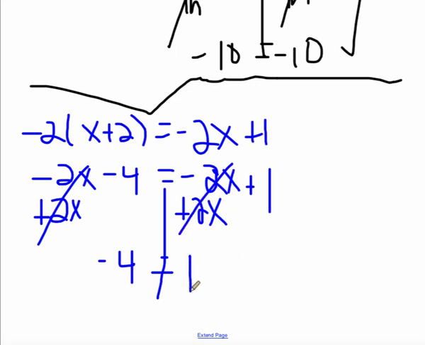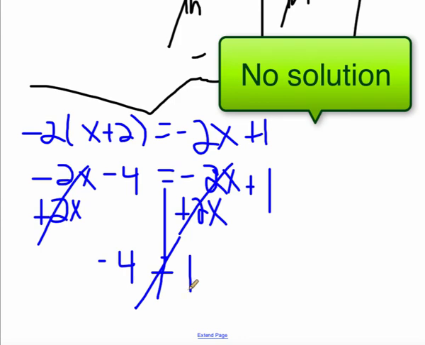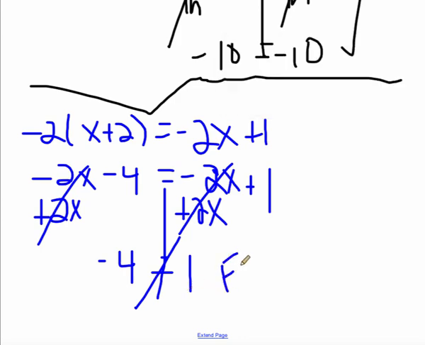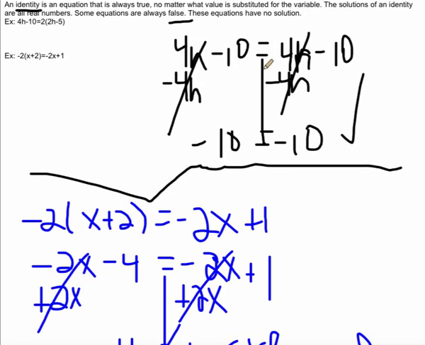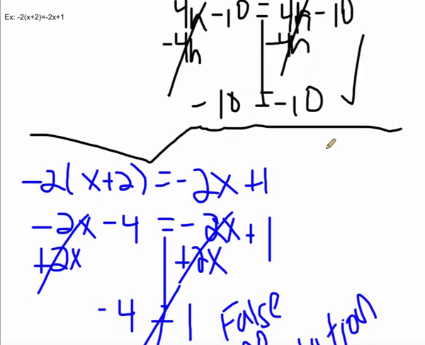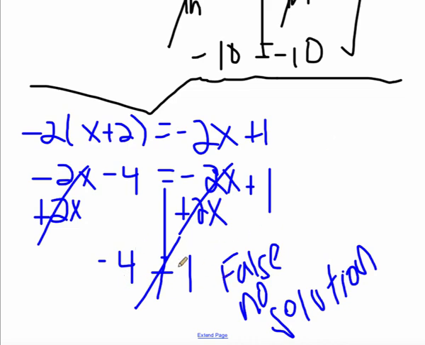Bring down my 1. Negative 4 does not equal 1. So this is false. As a false statement, which means the answer is no solution. Whereas this answer was all real numbers. So if it's a true statement and the variable has disappeared, then it's all real numbers. If it's a false statement and the variable's gone, then it's no solution.